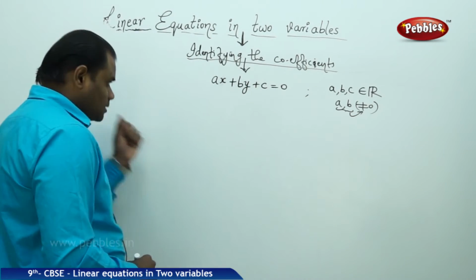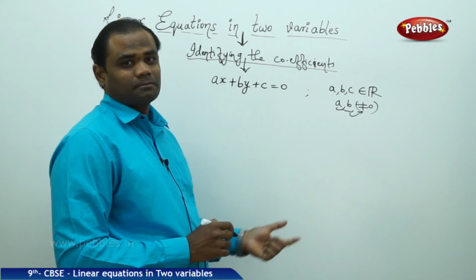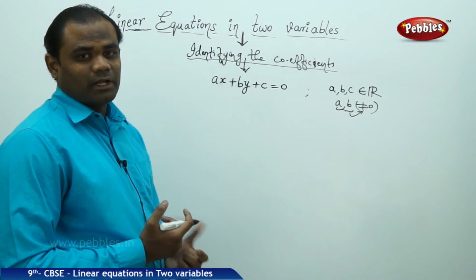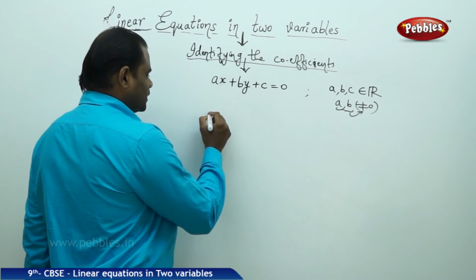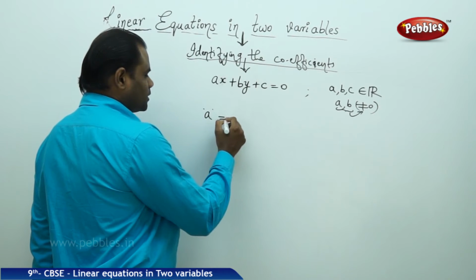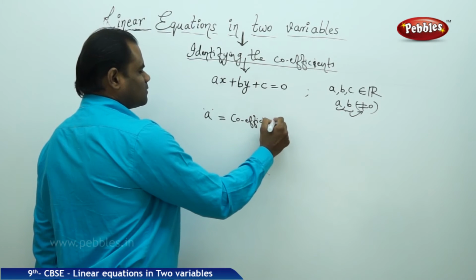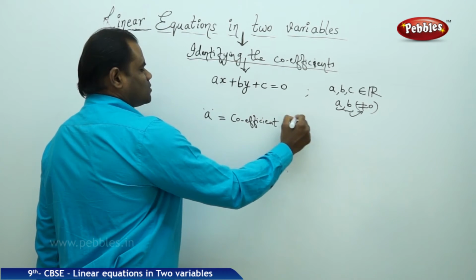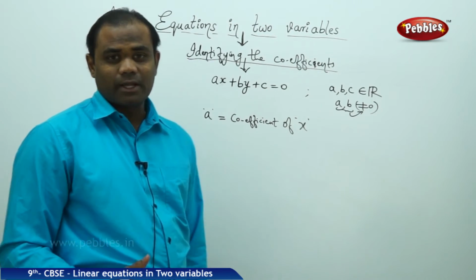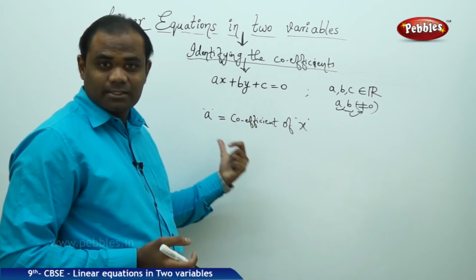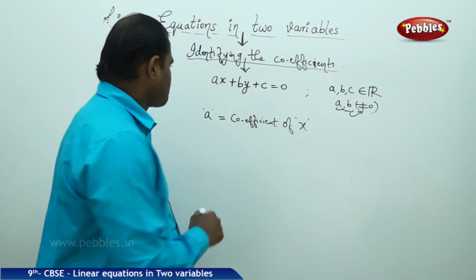So with these rules, this linear equation is about identifying the coefficients. So when I want to find the coefficient a, I clearly identify a to be the coefficient of x. So for a given problem, if I need to identify the value of a, I pick the coefficient of x and that acts as the value a.